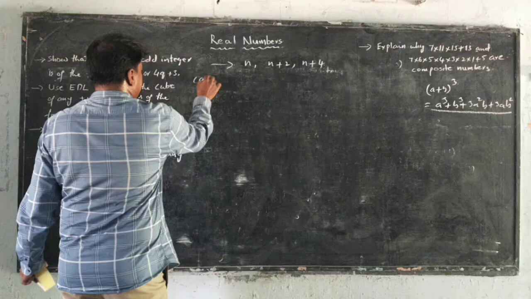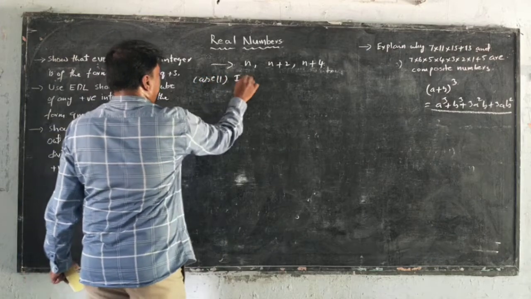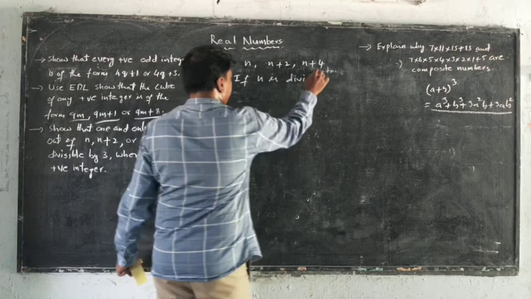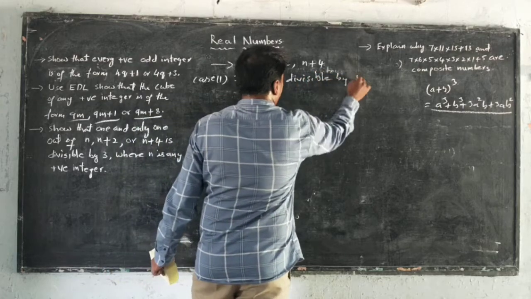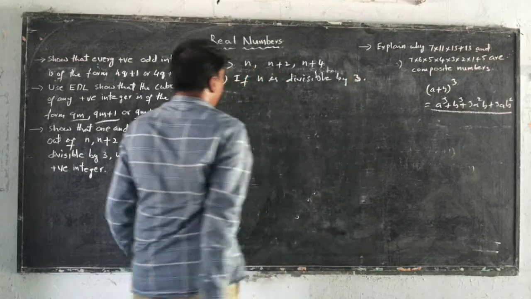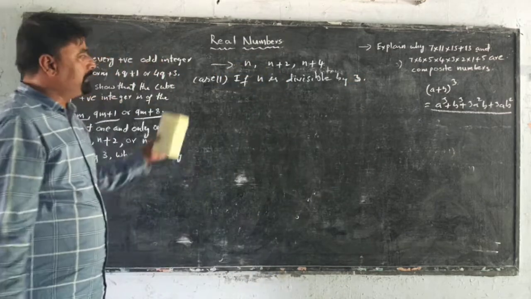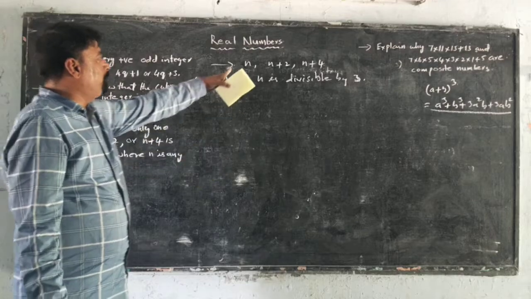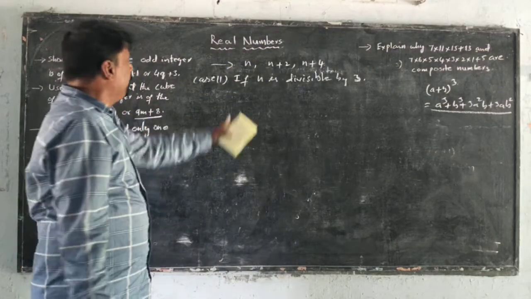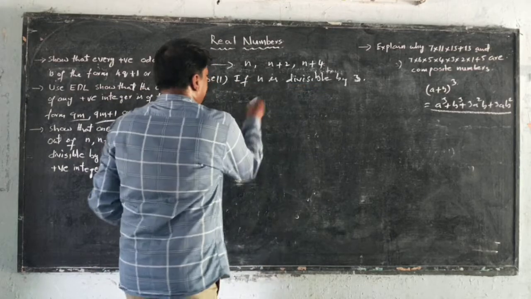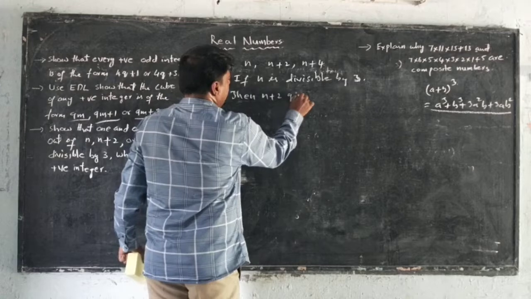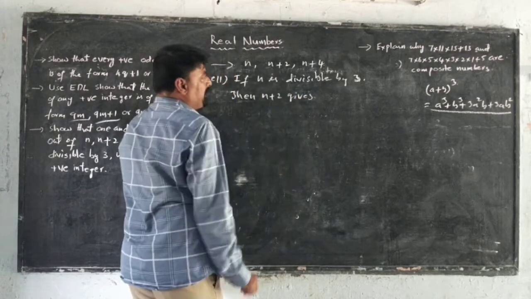Case 1, if n is divisible by 3. So you assume any one value for n which is divisible by 3. For example, you assume n is equal to 3. When n is divisible by 3, then n plus 2 gives what remainder?